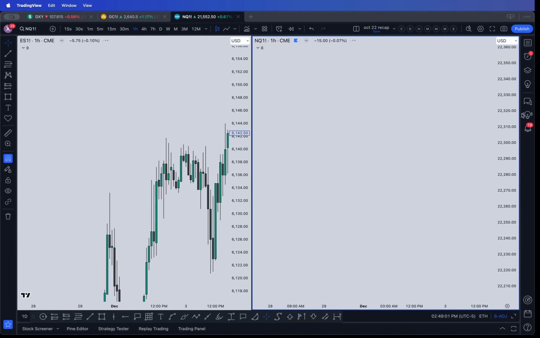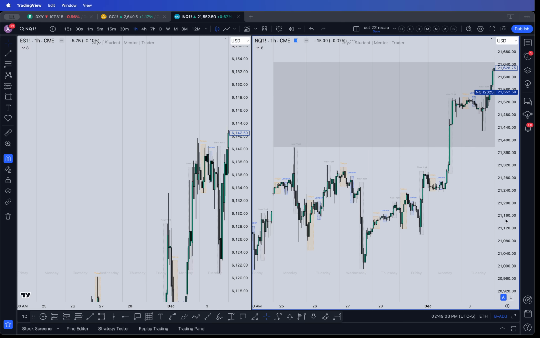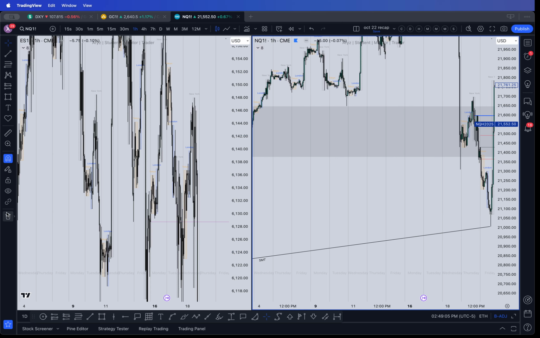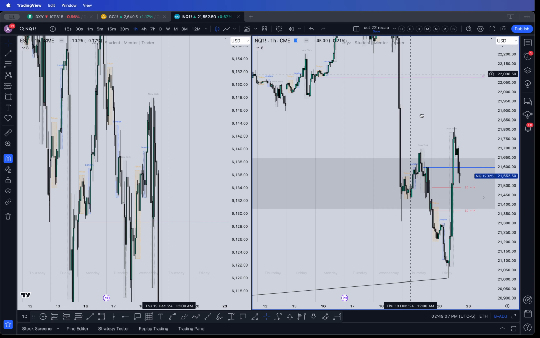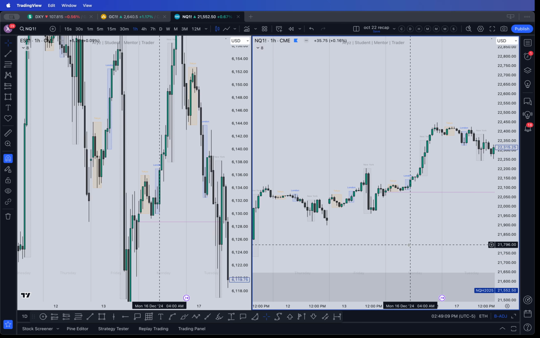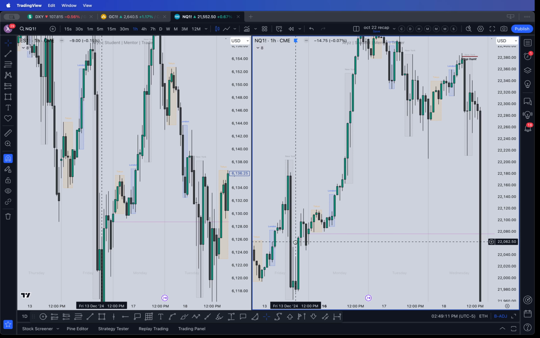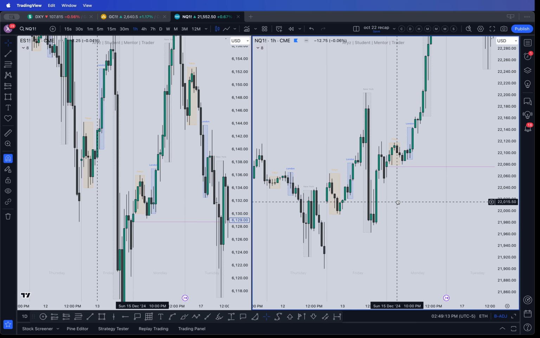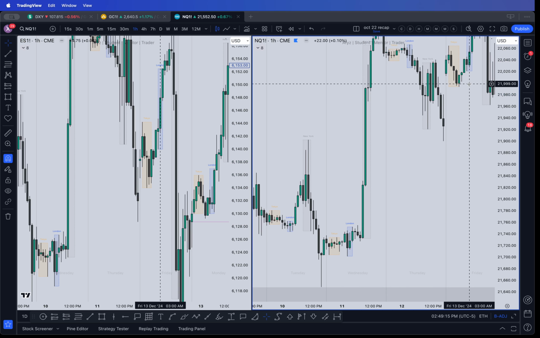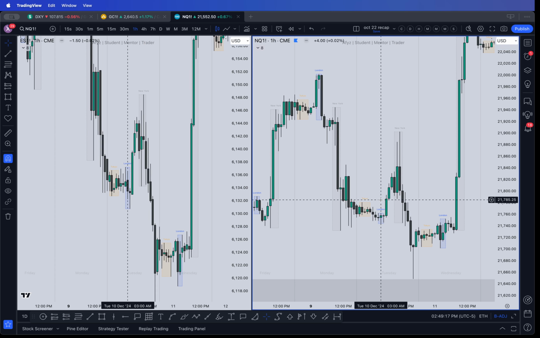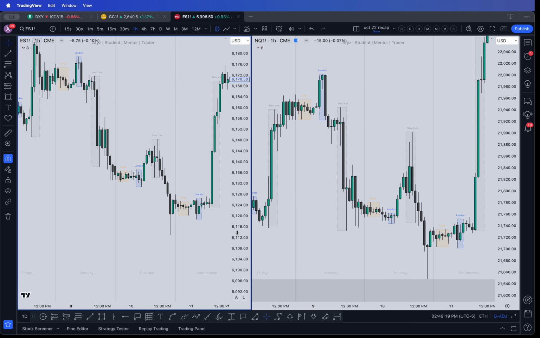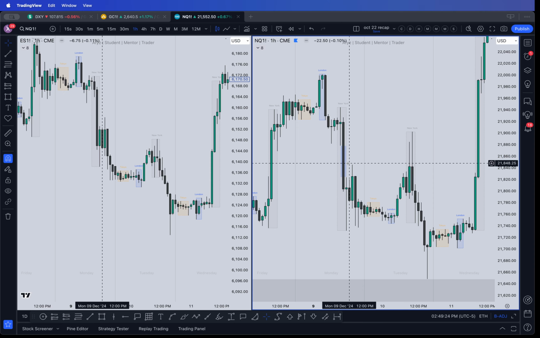So let's say we're trading, let's just pick a random fair value gap in the direction of a draw. Let's get rid of everything. Let's keep these levels. But let's say we're going long. Where's a nice fair value gap? Here we go. Say we're going short off this fair value gap in here, okay?